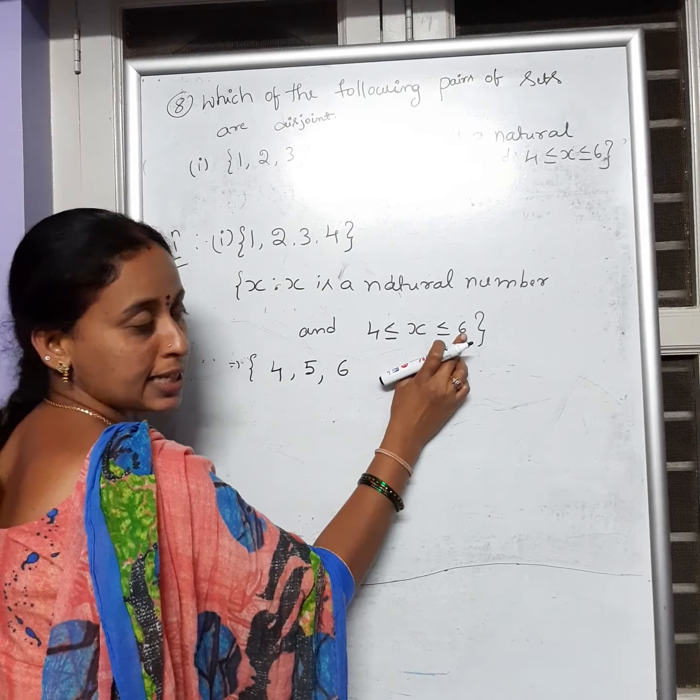When we get A intersection B equal to the null set, then we say the sets are disjoint. If we do not get the null set, the sets are not disjoint, right?